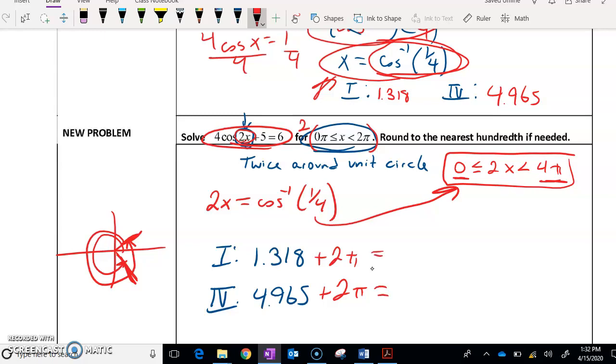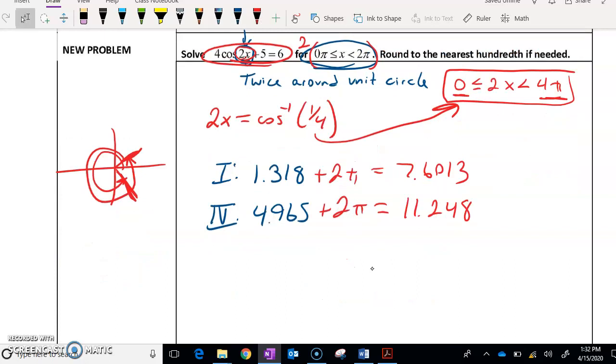So when I type this in my calculator, 1.318 plus 2 pi is about 7.6013. I don't carry around. And then this is about 11.248. Okay, so I'm going to have 4 answers. But instead of this always being set equal to x, now it's equal to 2x.